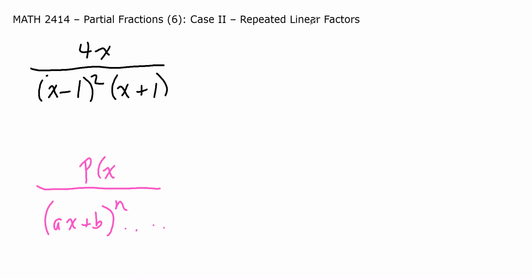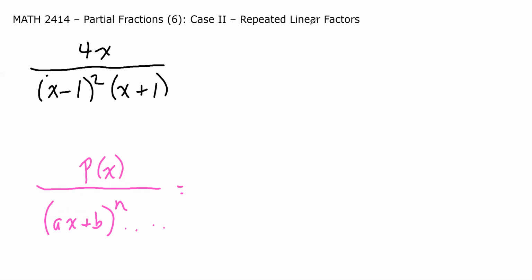We'll just call it p of x. So if we're going to do a partial fraction decomposition and a linear factor is repeated because it has an exponent greater than 1, then we need to set up one partial fraction for every power of that linear factor from its original power all the way down to 1.